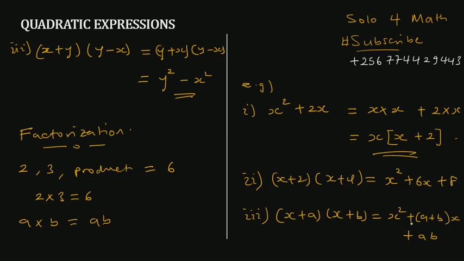If you have a and b, then you just fill them in here, because this side we have (x + a) into (x + b). If I have my a and my b, I just put them here, and this is what they want. This is a factorized statement. Maybe we look at an example.